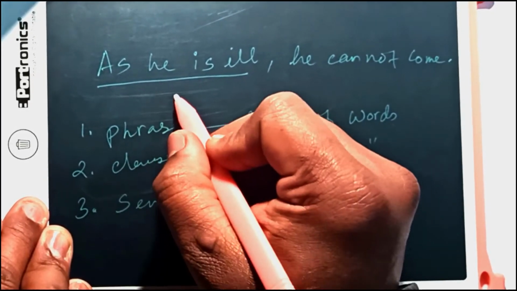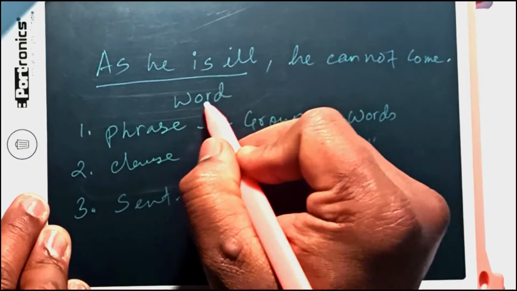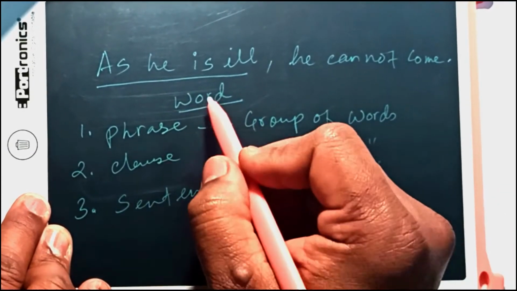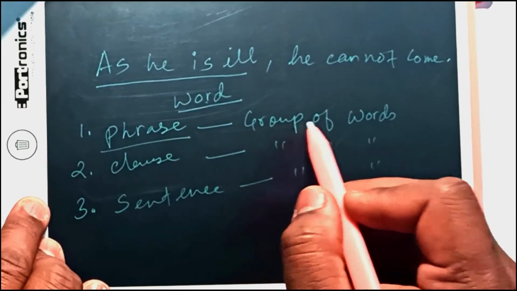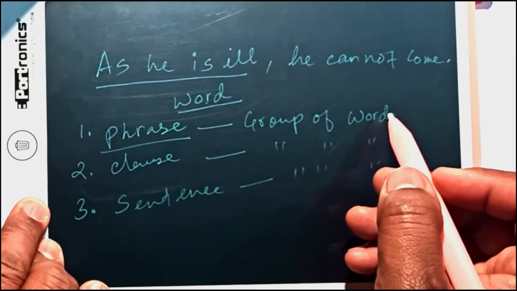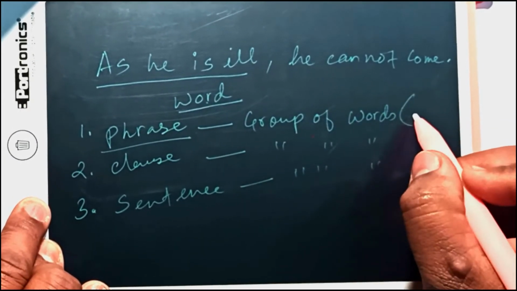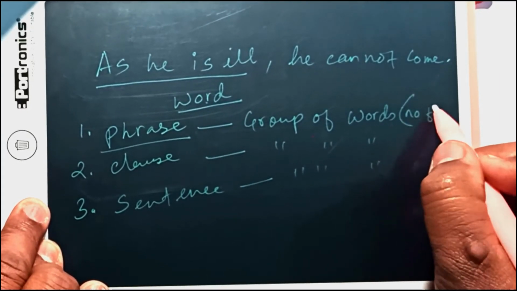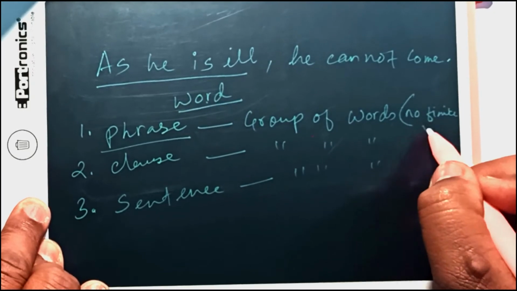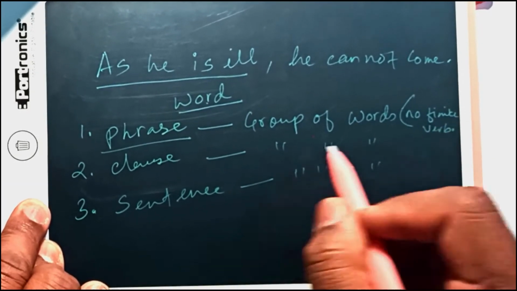Now it starts with a word, right? Word, and then a phrase is a combination of some words together. Here we don't have a finite verb.